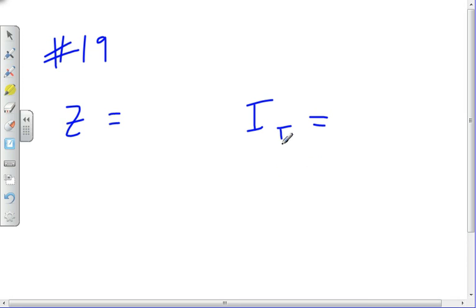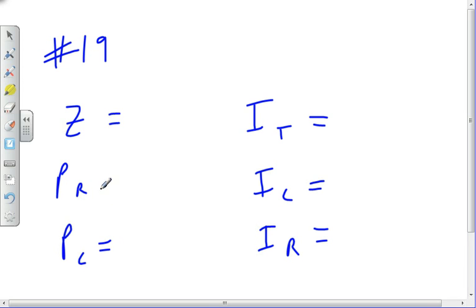So I want current total, current for the capacitor, current for the resistor, which ought to be the same number, right? And I want power for the resistor, power for the capacitor, and voltage across the capacitor, voltage across the resistor. Okay, so those are the things that I'm looking for.